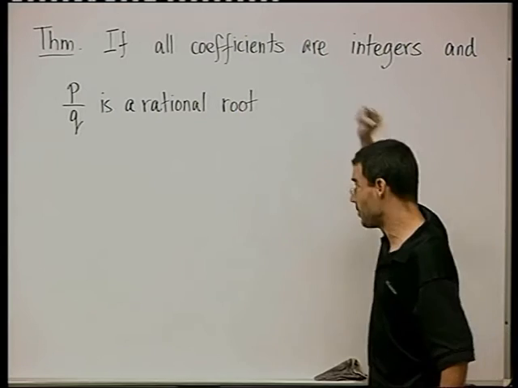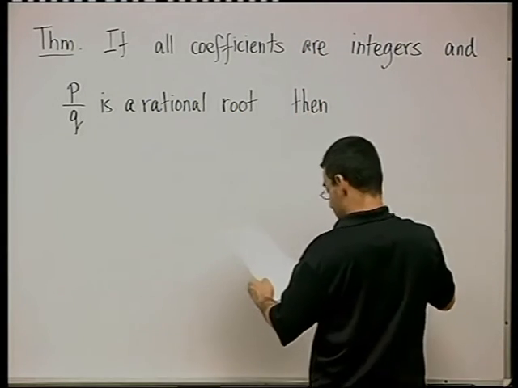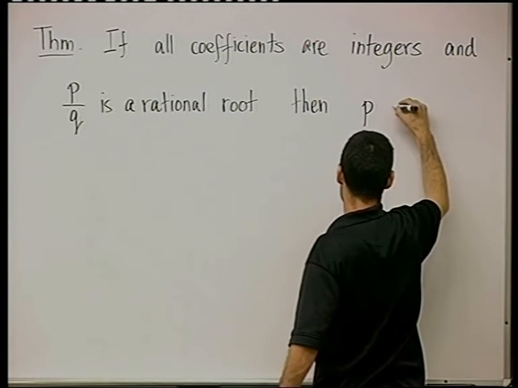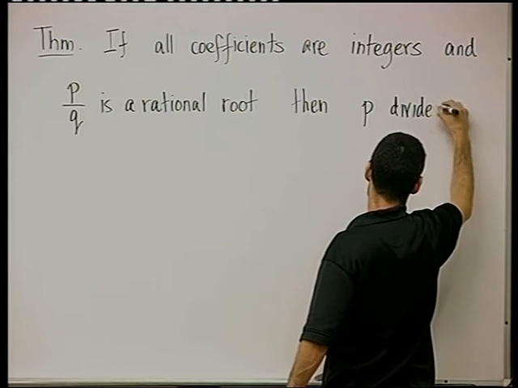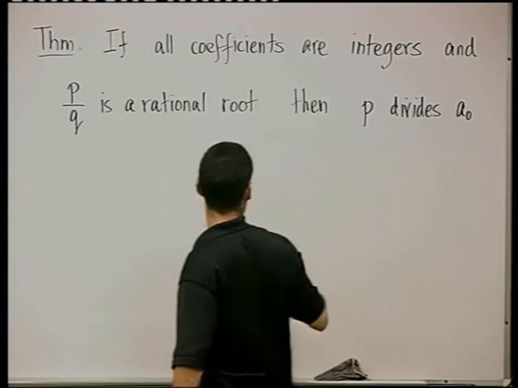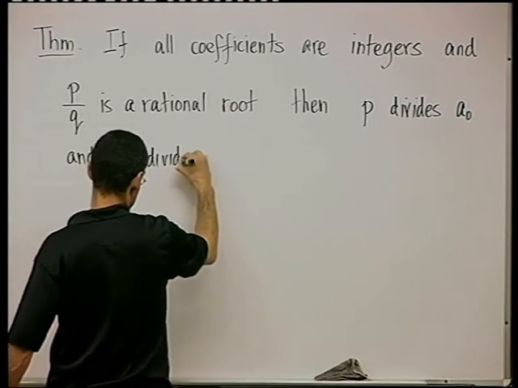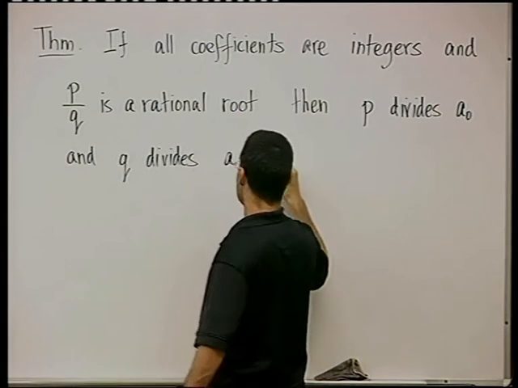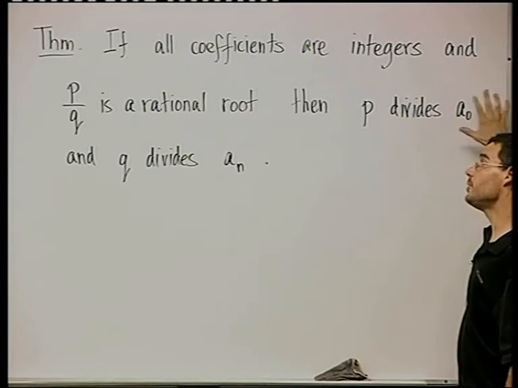But if all this happens, then P, the numerator of the rational root, divides a0, the free coefficient, and Q divides an, the leading coefficient.